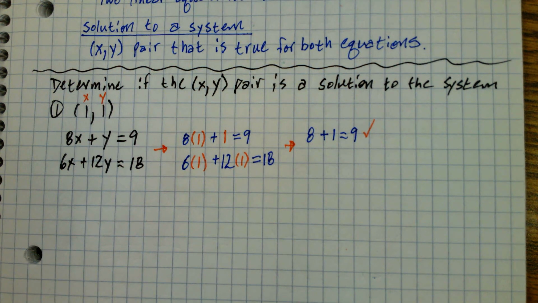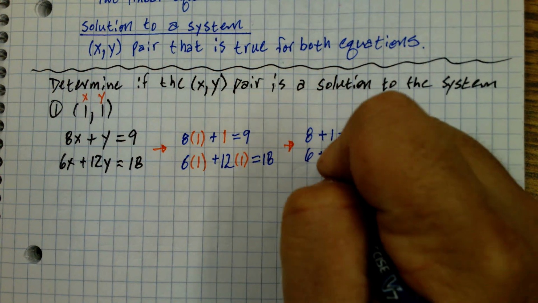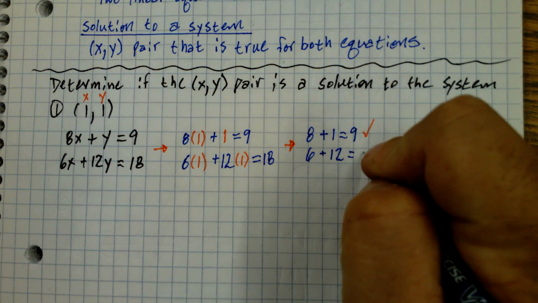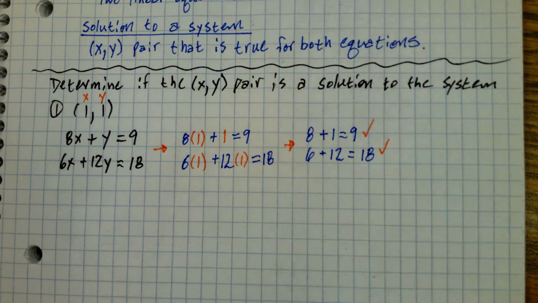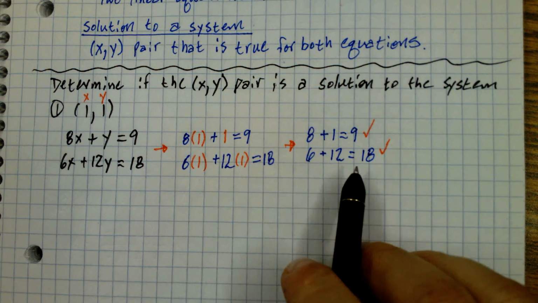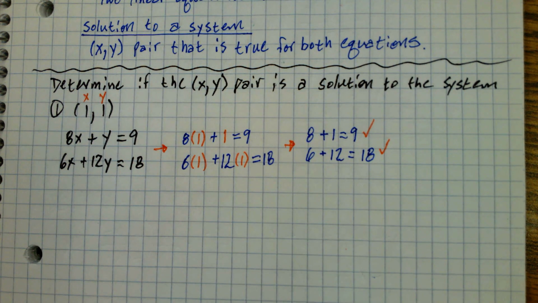If it's true, we can go on to the second one and check if that's true. So let's do the same thing. We're going to multiply 6 times 1 plus 12 times 1, and we're going to see if that's 18. And 6 plus 12 is 18. So if both of them turn out to be true, we have a solution. Both of them have to be true. If either one was false, then we wouldn't have a solution.